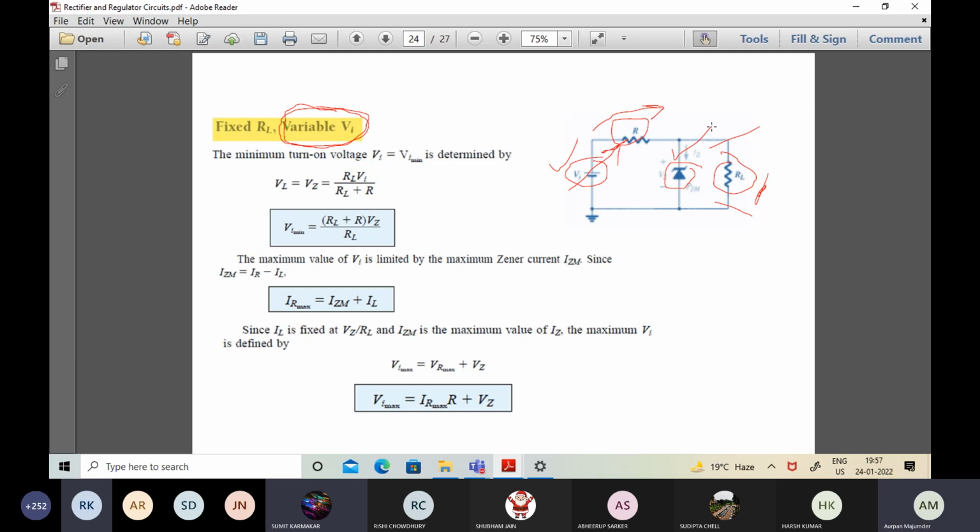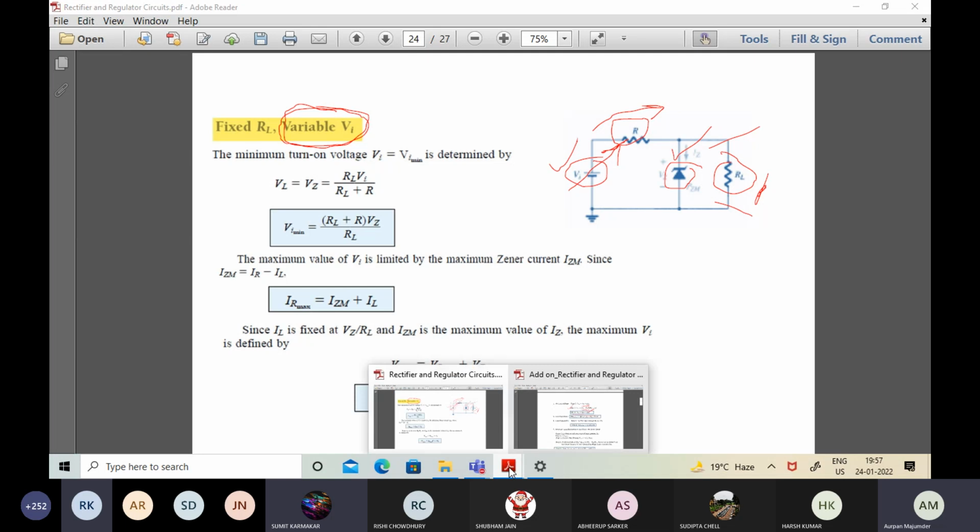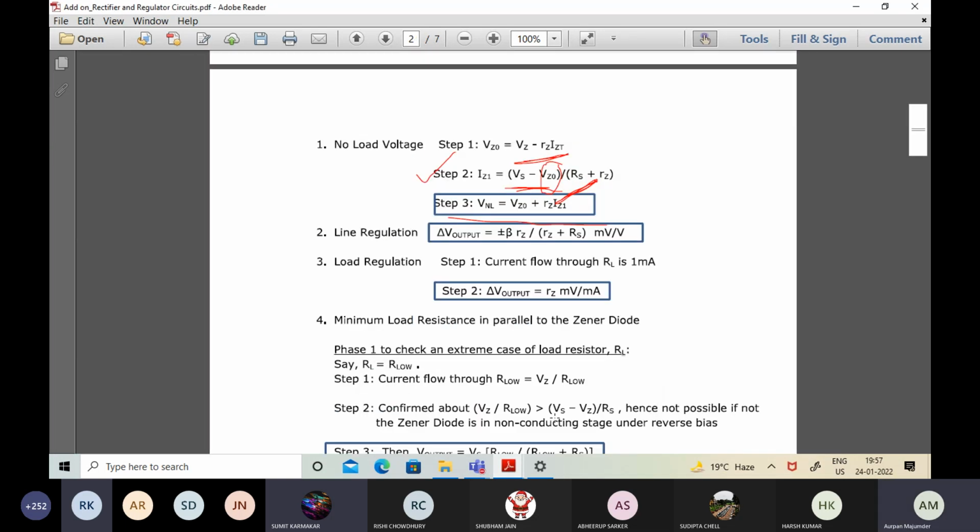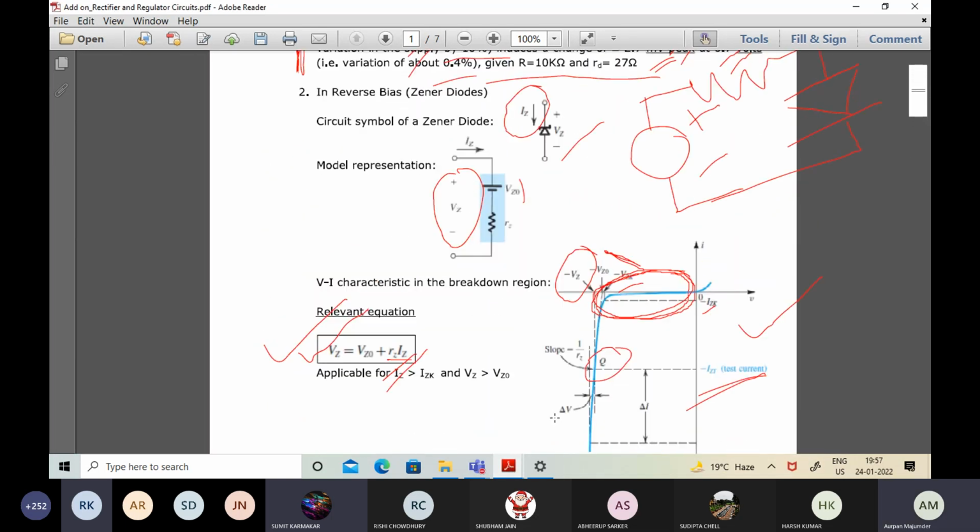plus Rz, we get the idea of the amount of current through the Zener. Look at this part. How do you represent the Zener? We effectively represent the Zener like this. Look at this representation. Now I don't think there should be any confusion. Vs minus Vz naught divided by Rs plus Rz.